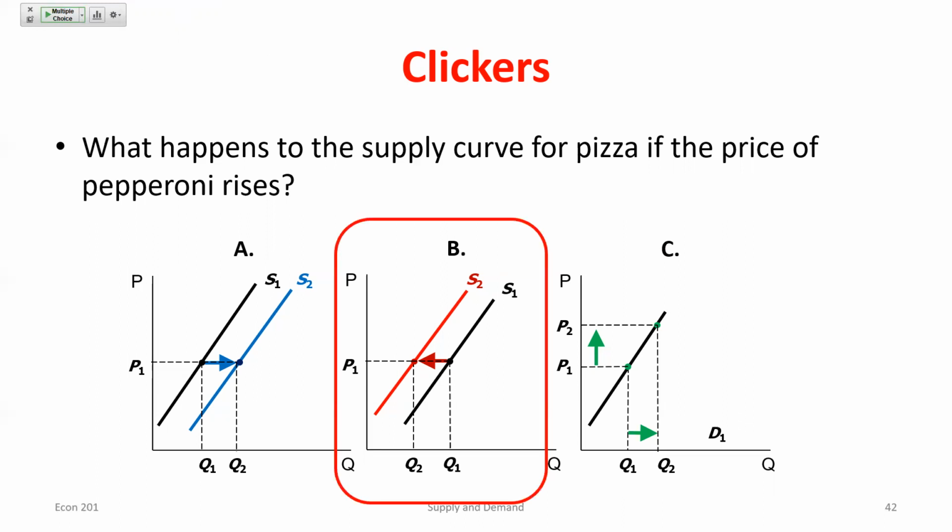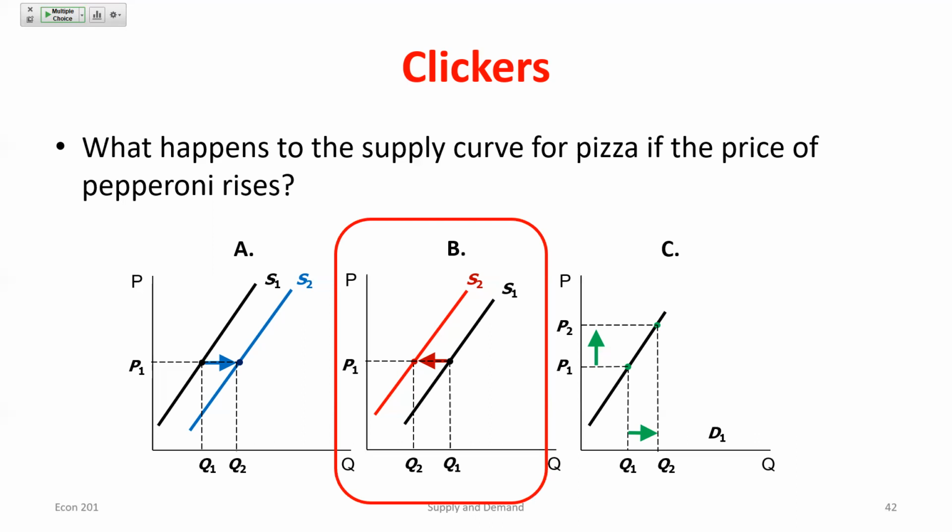B, right? Because I've seen input prices go up. That means to provide the exact same quantity of a good, look at my supply curve.